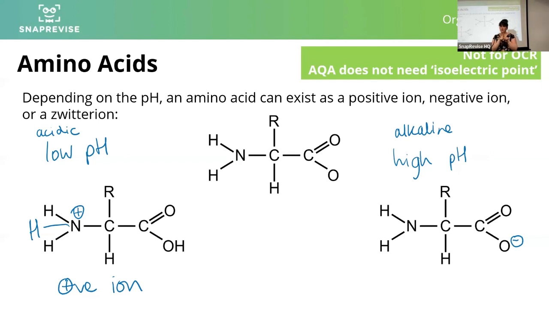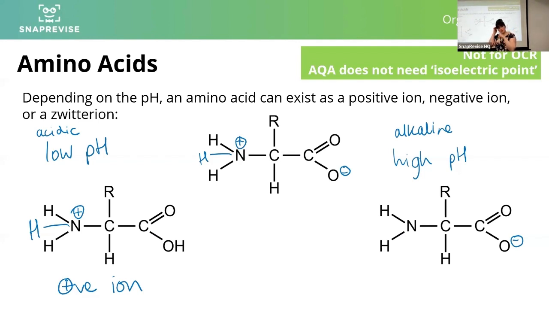So there will be pHs where your amine will be protonated and your carboxylic acid will be deprotonated. And if we have a protonated amine and a deprotonated carboxylic acid, we have got a species with two ions, i.e. a Zwitter ion. Zwei is two in German, so I assume that's where it comes from.